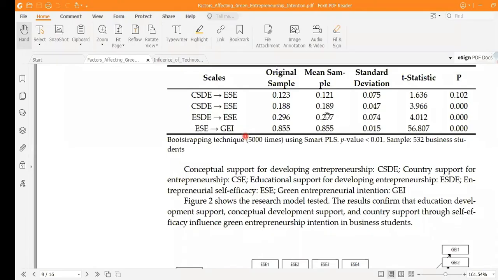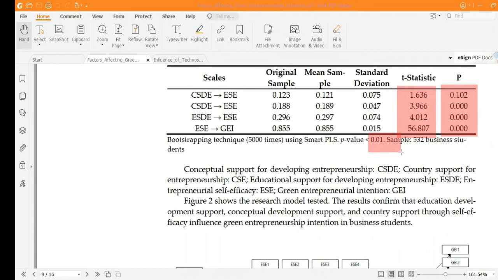So these results are there, on the basis of the p-value. On the basis of the p-value, they will decide whether a particular hypothesis has been supported or not supported, along with the t statistics. So this is on the 0.01, not on the 0.05. If you are working on 0.05, then the t statistic minimum value should be 1.96.